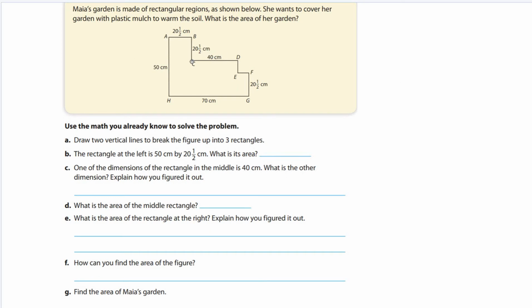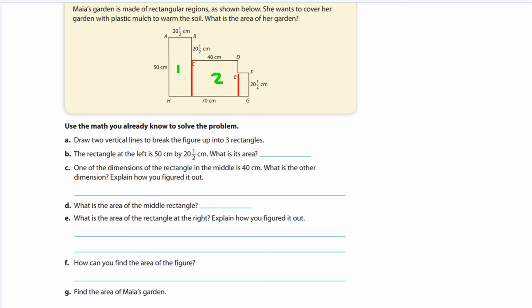Vertical means to go up and down. So what they're doing is they're saying to draw another vertical line here and another vertical line here. And now if you look at it carefully, we have 3 rectangles. 1, 2, 3. I'm assuming everybody can see that.